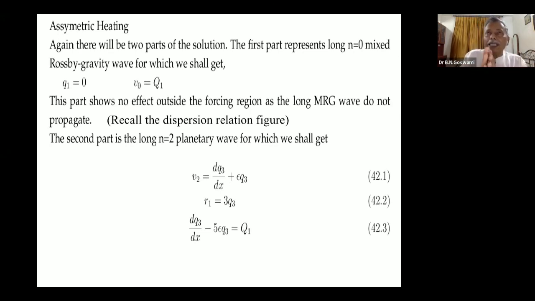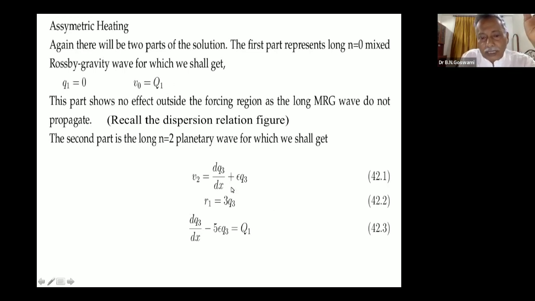Because K is very long waves, the frequency of this Rossby wave is nearly 0. And even if it is slightly not exactly 0, on either side, the eastward propagating and westward propagating both of them will give rise to a stationary structure. And that is why this response is stationary.